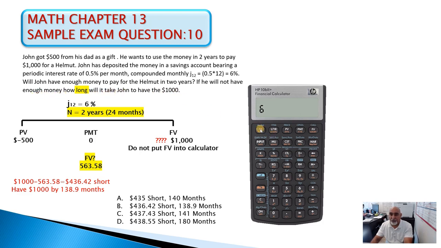Interest rate we've done. PV is $500. 0 for payment. And he wants to have $1,000 afterwards. How long? N is how long. It'll take him 138 months, which is, if we divide by 12, approximately 11 and almost 12 years. Great.